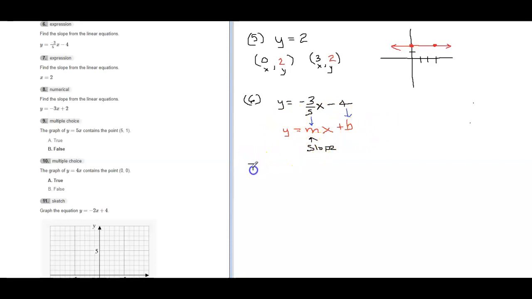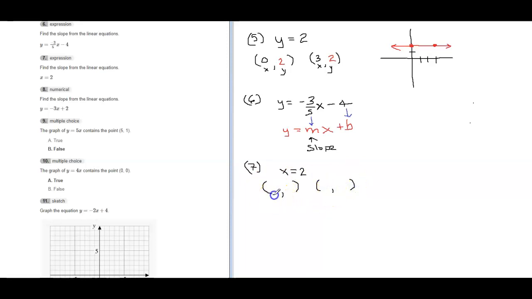Let's do problem number 7. In problem number 7, they ask you to find the slope from the linear equation x equal 2. Now the best way to do this is to do the graph, and that way from the graph we can find the slope. So to do the graph for this equation, I need 2 points.